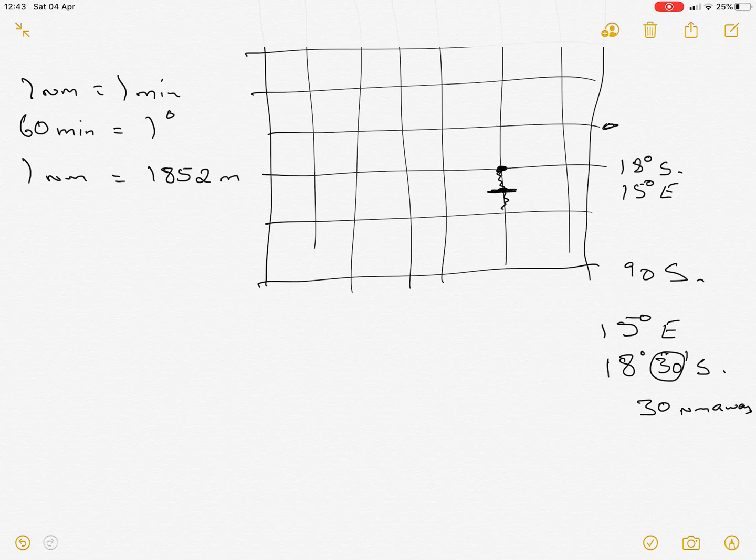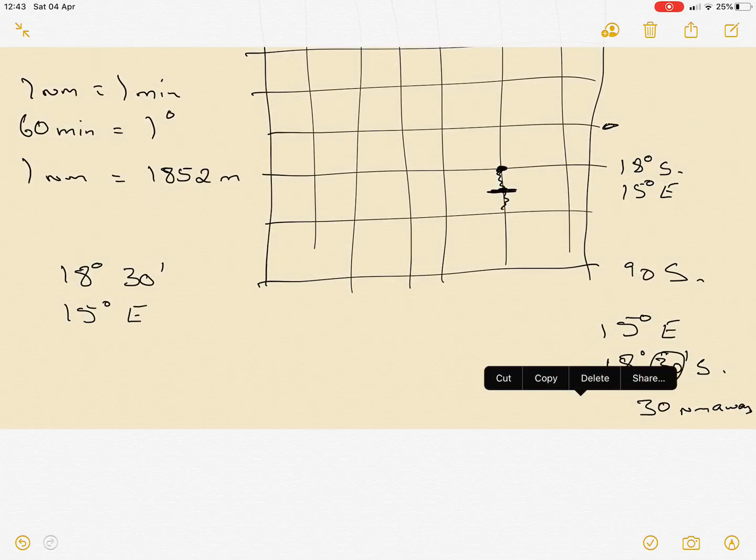But in nautical terms, we don't say we are 15 degrees east and 18 degrees 30 minutes and seconds. We work in decimals.